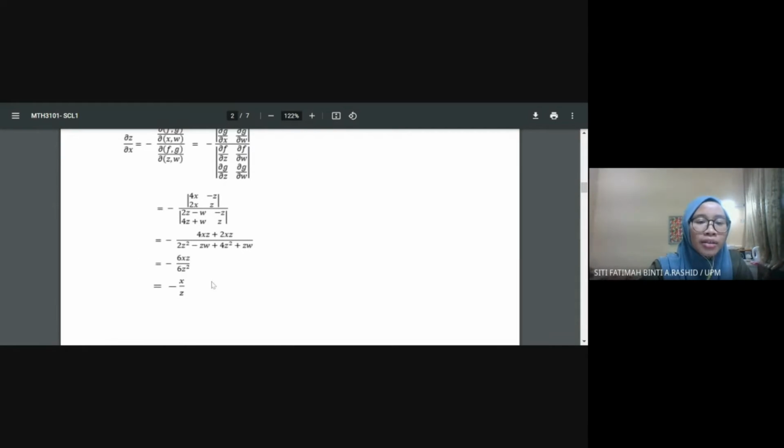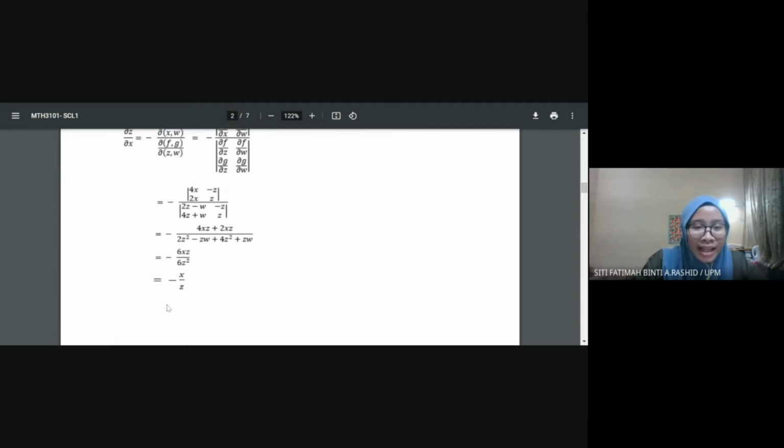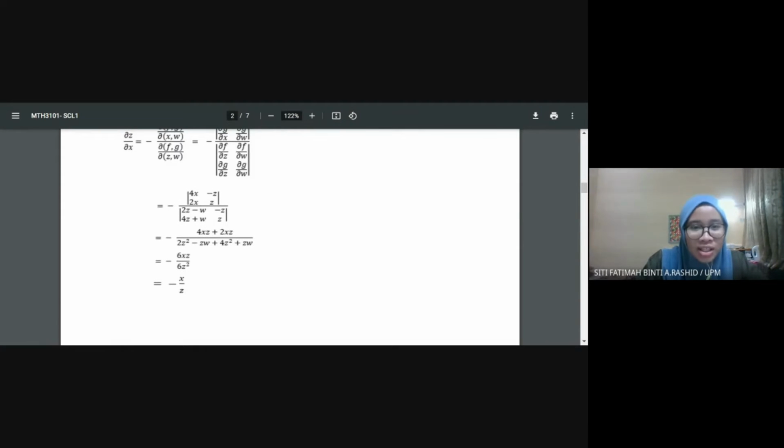Next, we find the determinant of the matrix and we get negative 4x(x plus 2xz) over 2z squared minus zw plus 4z squared plus zw. Finally, we simplify and obtain the answer for del z over del x, which equals negative x over z.